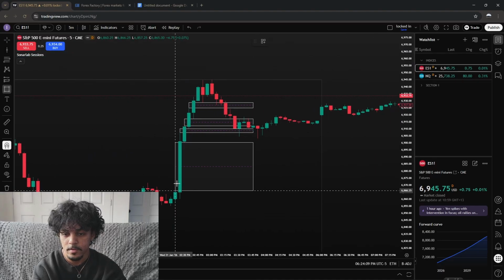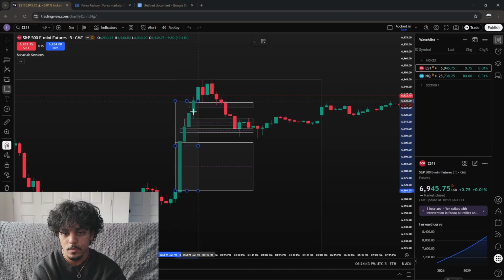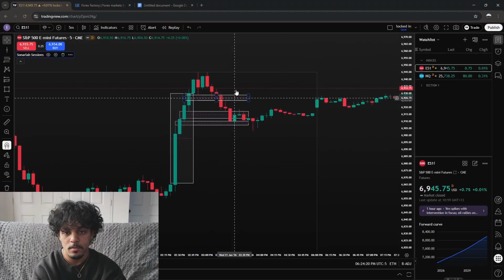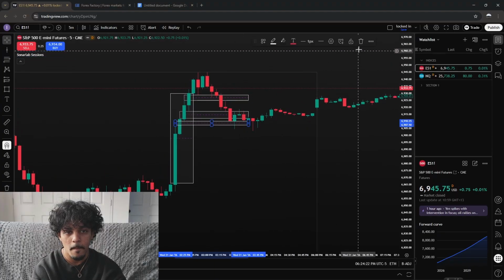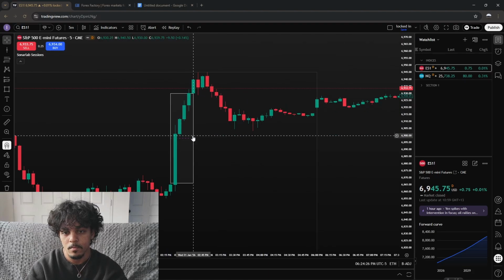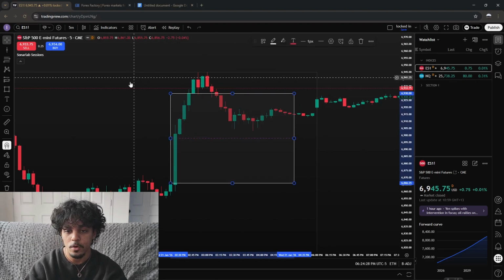And like I said, we can link all these fair value gaps to simply create one big one. So we can delete all of these and we can just create one big fair value gap.